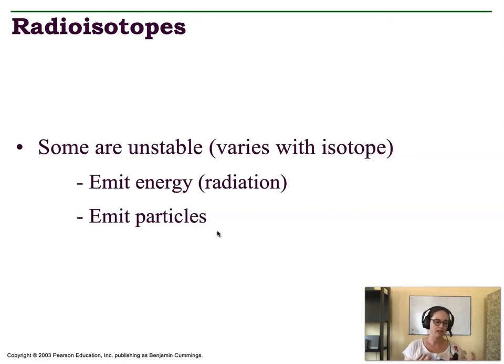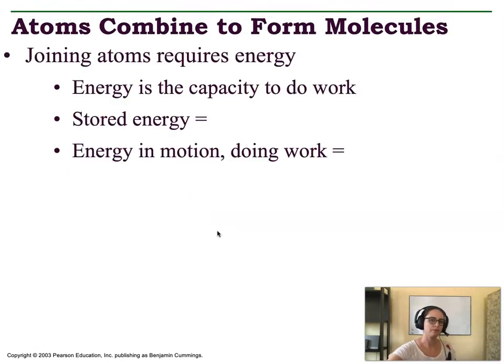So if we want to find a specific chemical element in the body, there are radioisotopes that will specifically bind with those. We can tag those radioisotopes with something that will show up on imaging, put it in the body, it goes to the place that has all those molecules we're looking for, and then we can track down that thing in the body. So we actually use radioisotopes quite a bit in medicine. They are important to us.